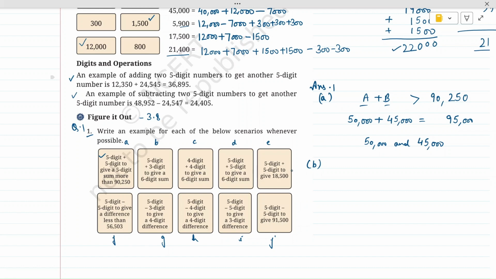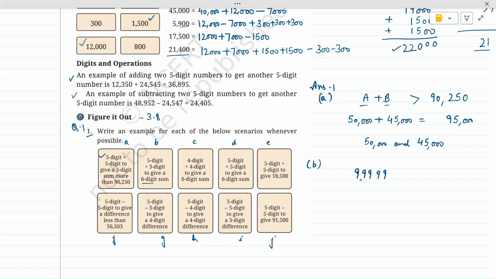So kids, we need the sum to be a 6-digit number. The 5-digit number I am taking is 99,999.